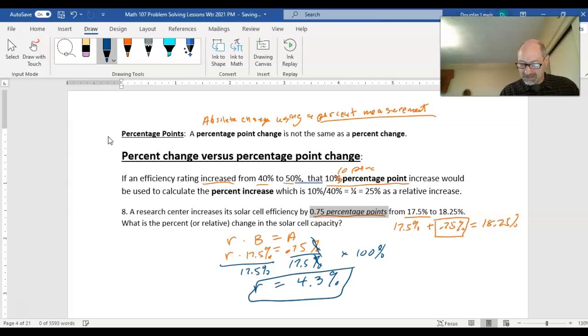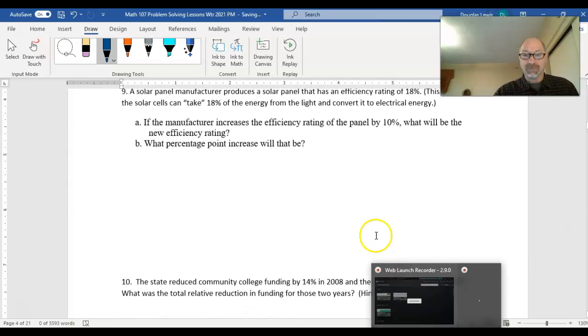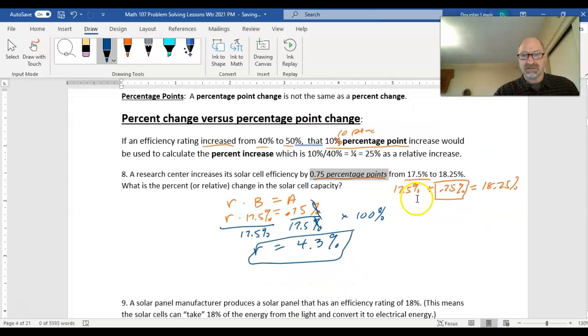Now that's the relative change. From 17.5 to 18.25 is a 0.75 percentage point change, and that's a 4.3% relative change. And that's all for now.